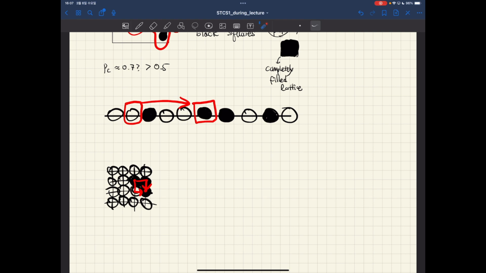But if you follow this upper right path, it's occupied. So they are connected. So for any of these two sites here, there are a lot of alternative pathways that you have to consider. So that is why this two-dimensional problem is much more complicated than you initially think.